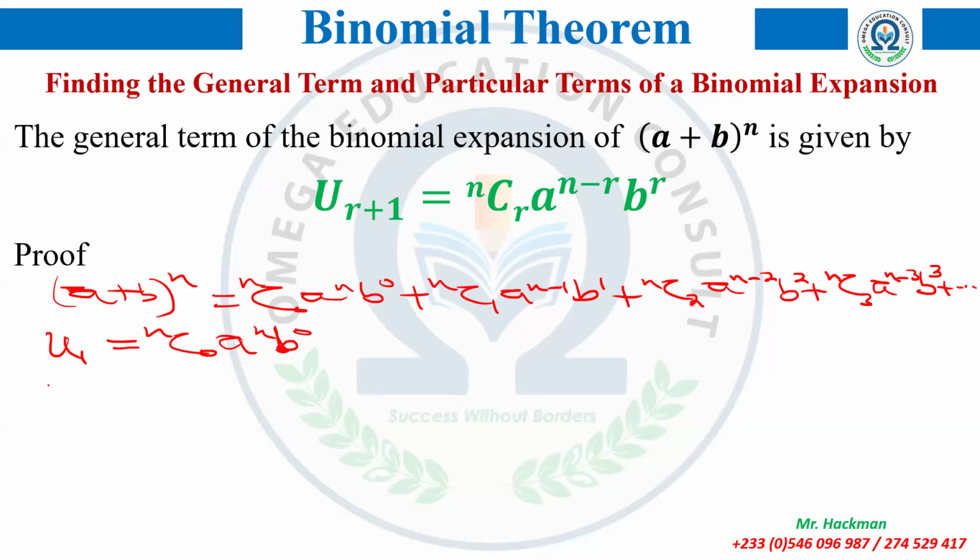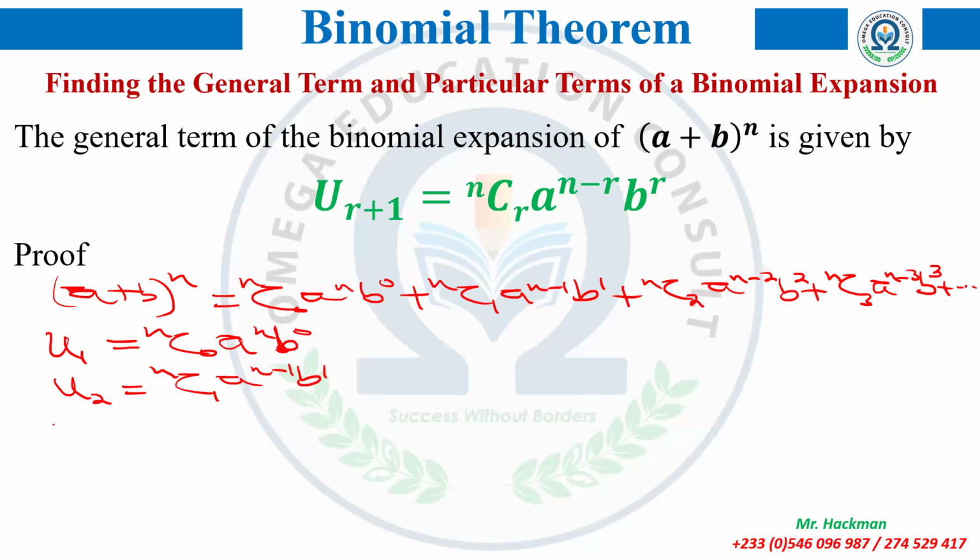So the second term will be U sub 2, likewise. So what do we have? The second term of our expansion is n combination 1, a to the power n minus 1, then b to the power 1.